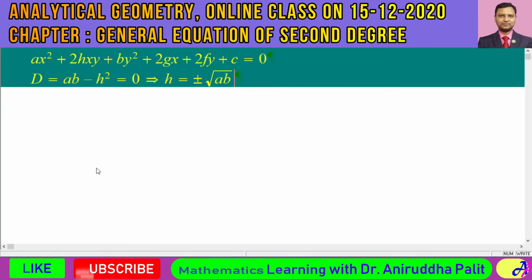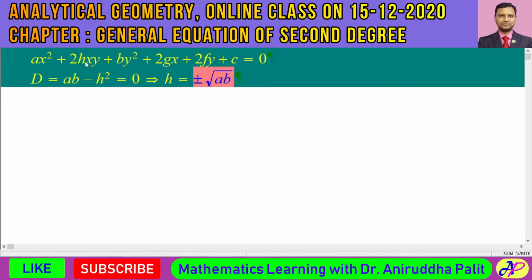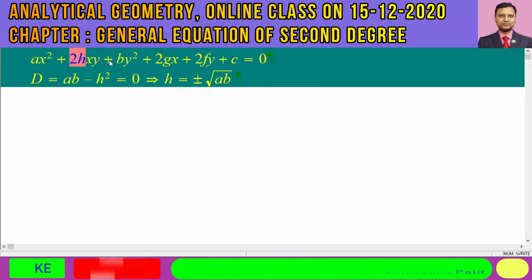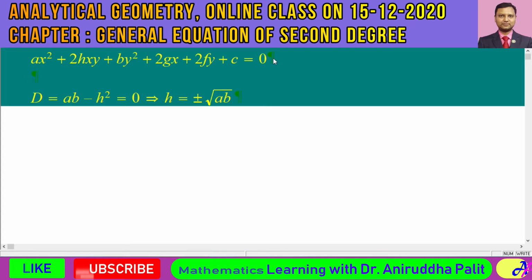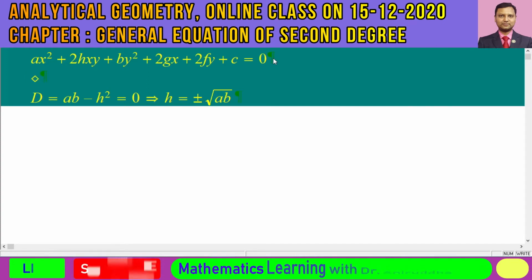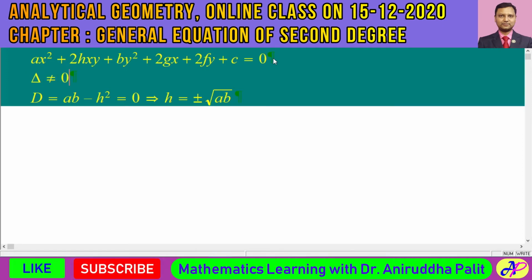And if we now put h is equal to plus minus root over of ab in this expression, remember we are given that delta is not equal to 0.